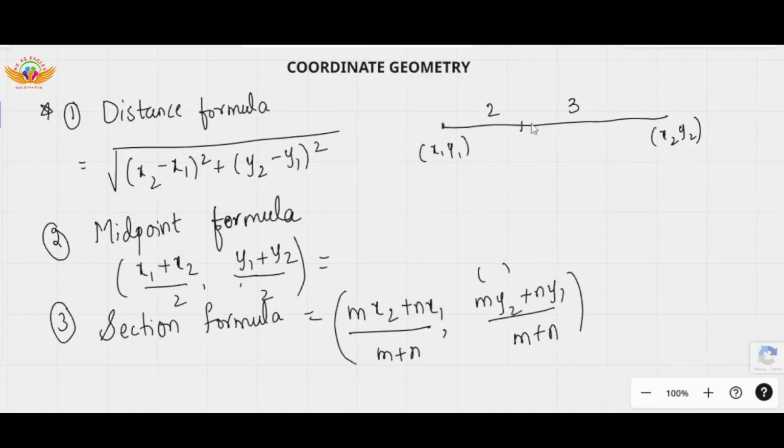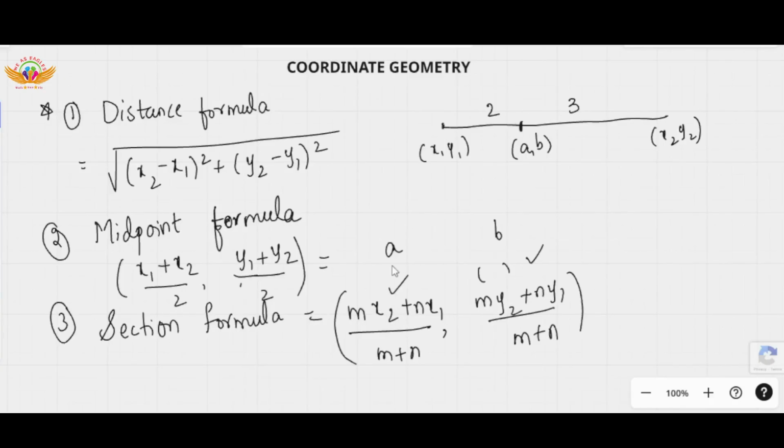So there will be one point that divides this line into these 2 and 3 parts. For example, if I take it as (A, B), this is A and this is B. The point which divides the line in a given ratio is found using the section formula.